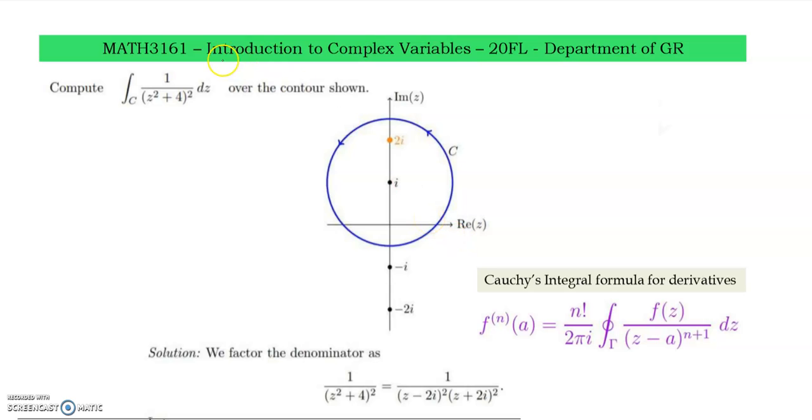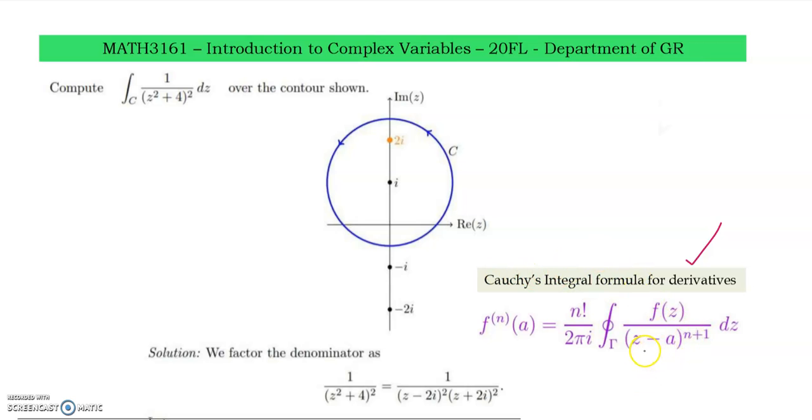Now here, by seeing the question itself, we understand that z squared plus 4 whole to the power 2, the degree is 2. So here we cannot apply the Cauchy integral formula, but we can apply the Cauchy integral formula for derivatives. Why? Because here the degree is n plus 1, more than 1. If the degree of z minus a is 1, then you apply the Cauchy integral formula.